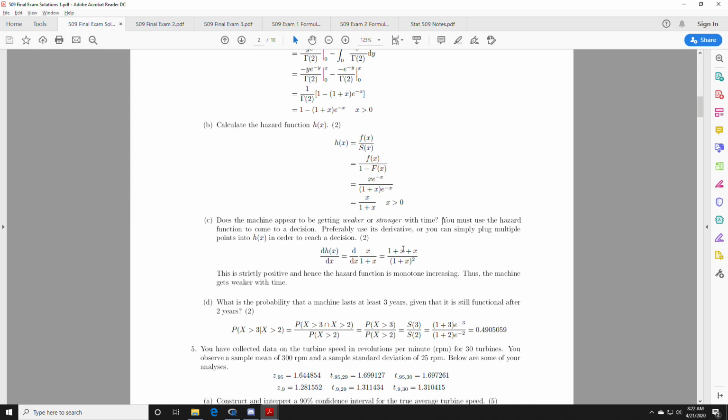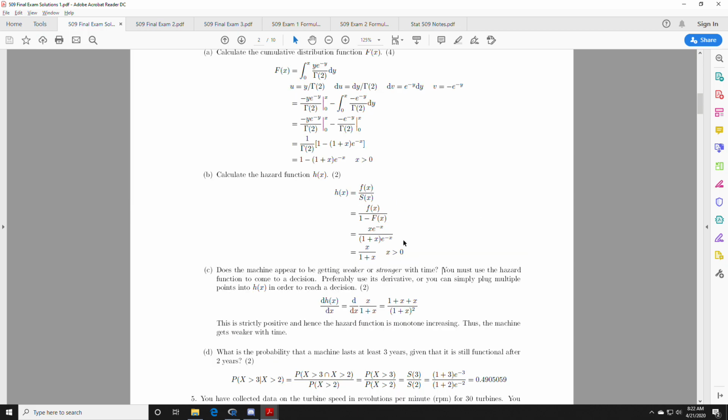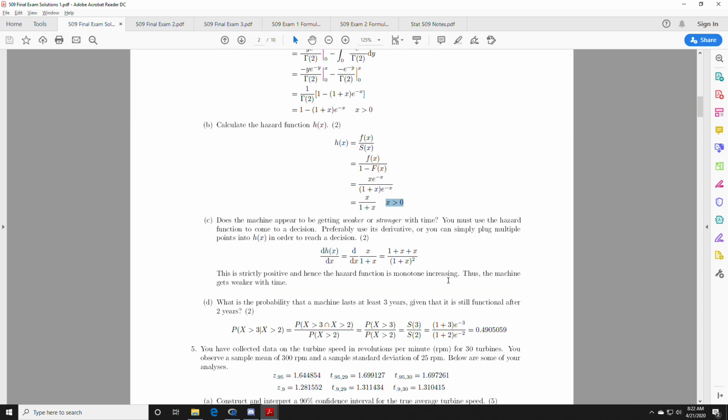And so it should look like this. And it's strictly increasing. It's positive. Notice x is positive, so it doesn't matter whenever we plug an x in, it's always going to be positive, and thus the hazard function is increasing and the machine is getting weaker with time.